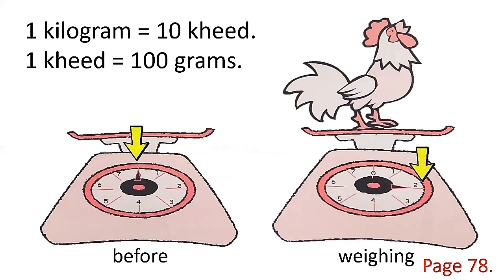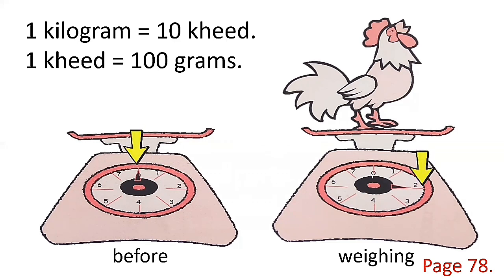Here, look at here. 1 kilogram is equal to 10 kid, and 1 kid is equal to 100 grams. So in 10 kid, there are 1,000 grams, or equivalent to 1 kilogram.